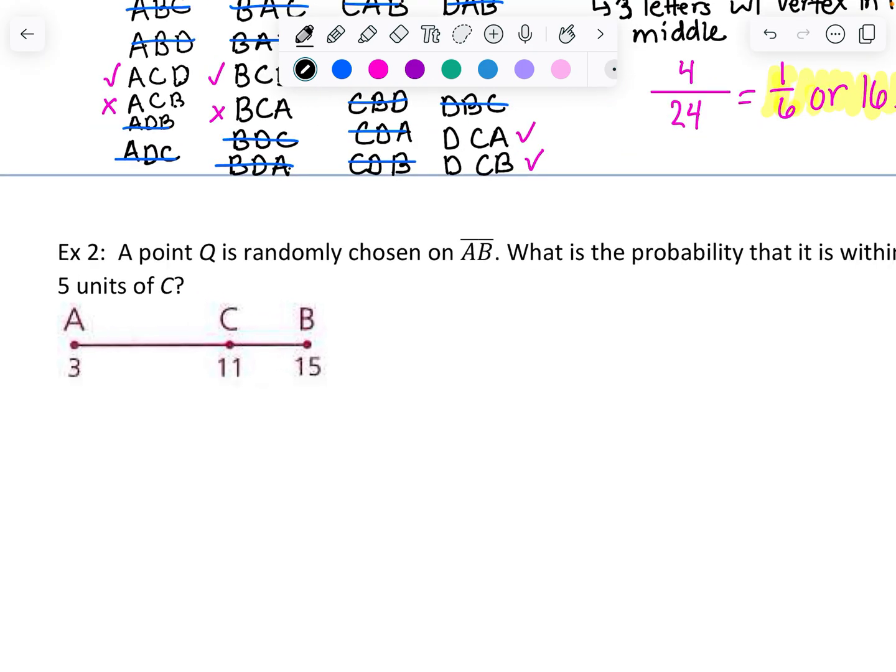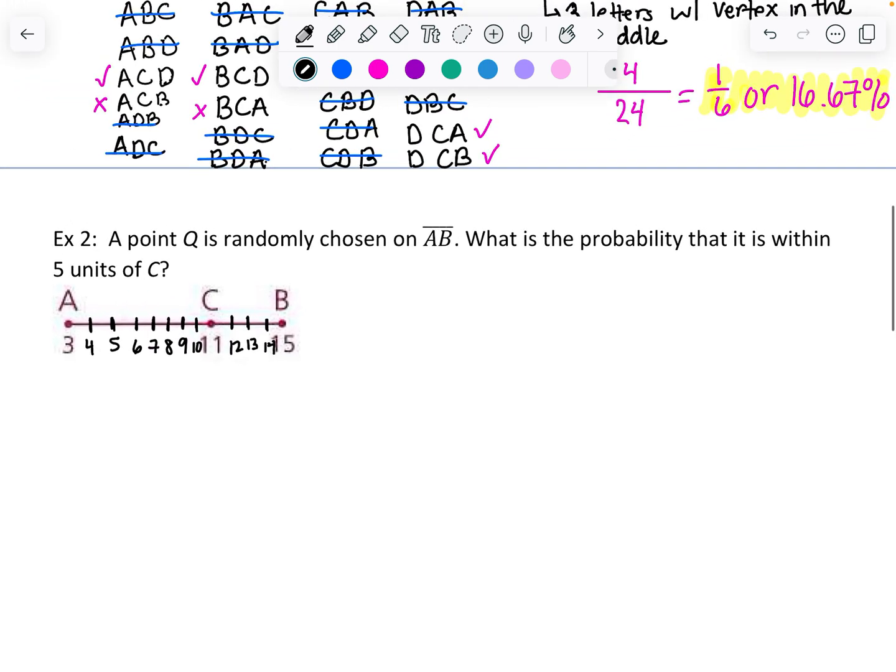So what I would suggest is I would write out each number. Okay, so there's each number, and you want to try to find the probability that it is within 5 units of C.